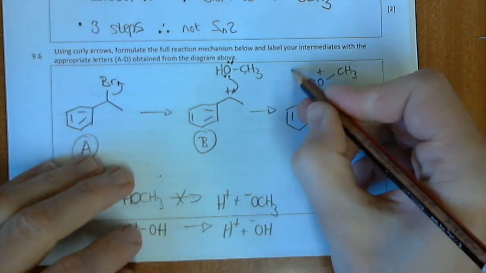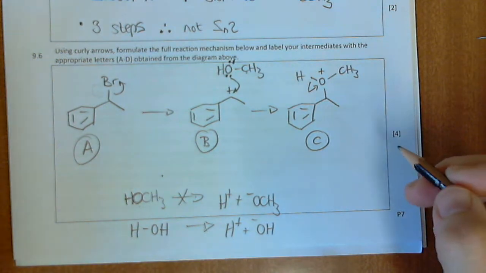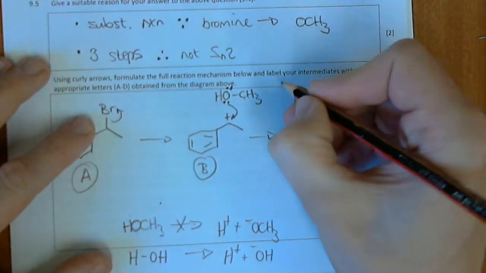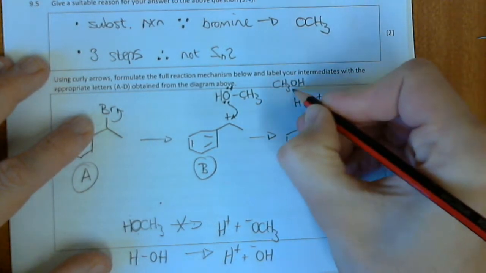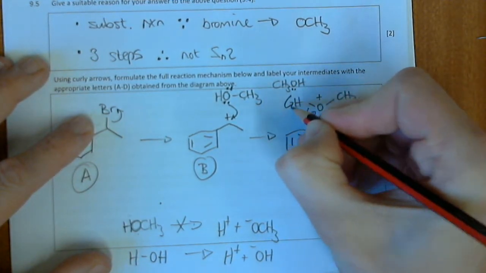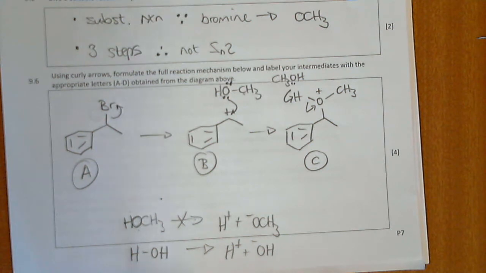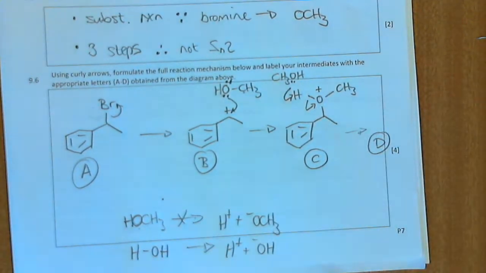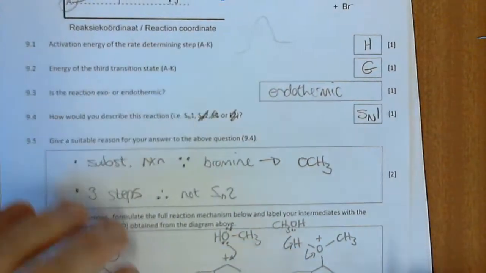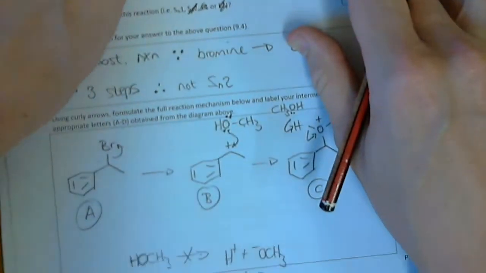If you want to show the H being picked up from something, you could show it being picked up from perhaps some of the leftover methanol that's in the reaction medium. That could pick up the H and get protonated itself. That's fine if you wanted to do that. Okay, and then of course, then we go to the product, which is D, but you didn't necessarily need to show that itself.